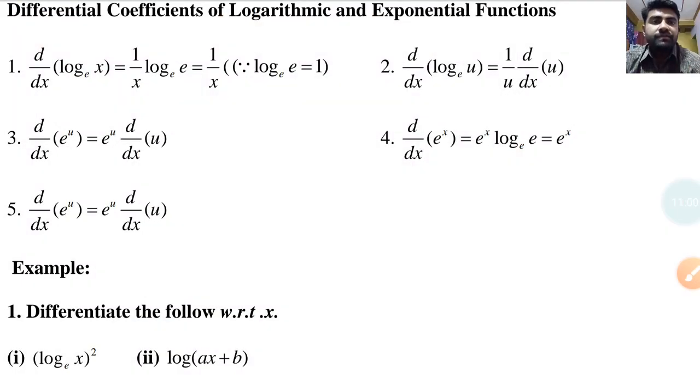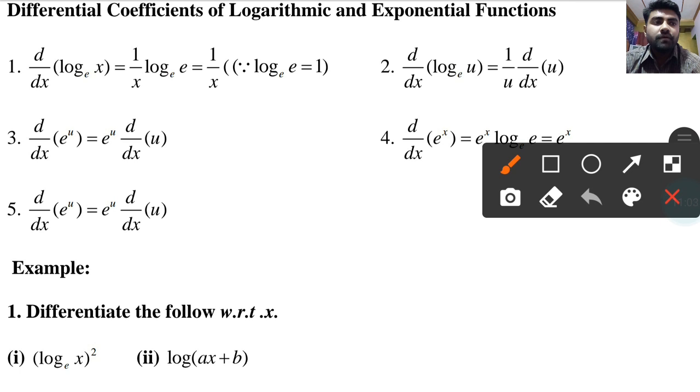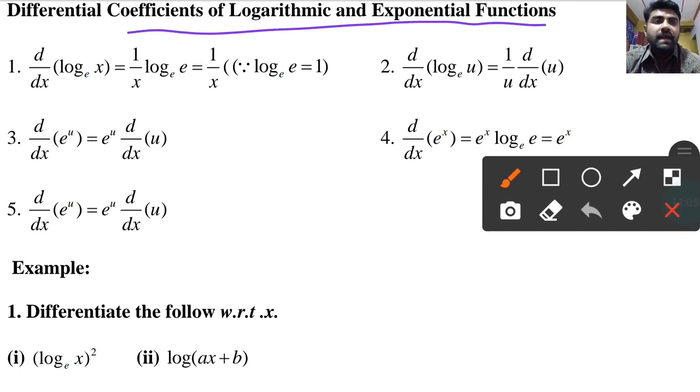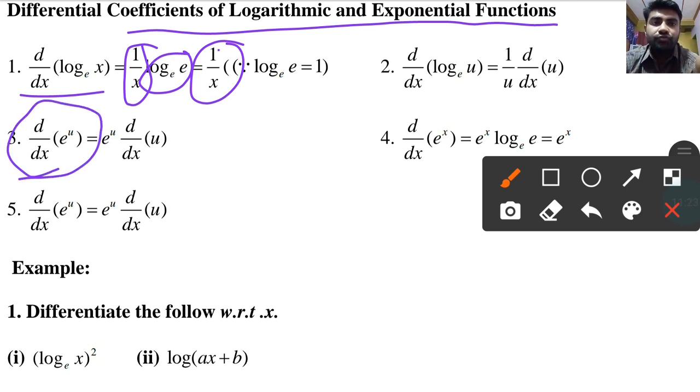Now differential coefficient of logarithmic and exponential functions. So d by dx of log x, that is 1 by x, log base e. So only 1 by x will be there. So remember, d by dx of log x is equal to 1 upon x. Then d by dx of e raised to u, so e raised to u into du by dx, right? Whatever the power, we have to again differentiate with respect to x.